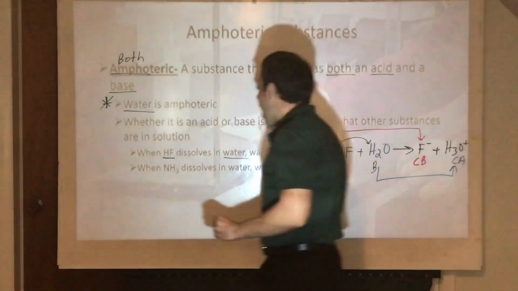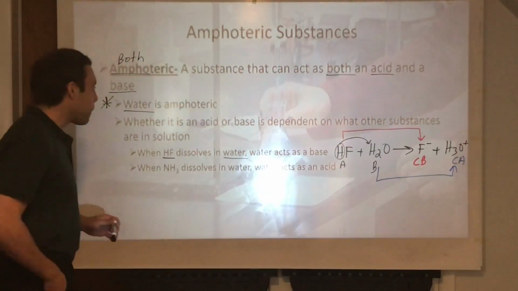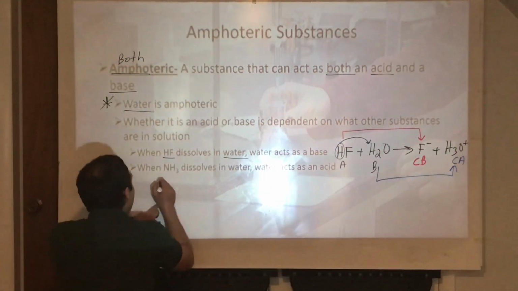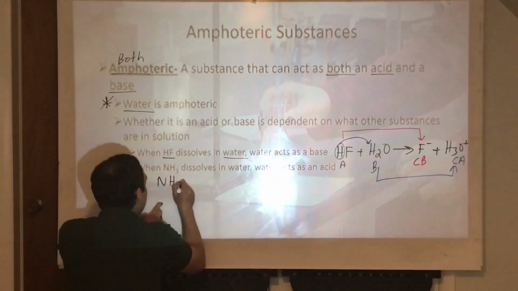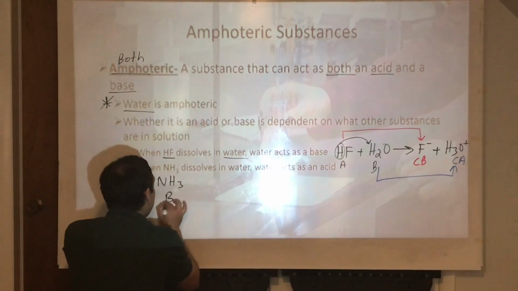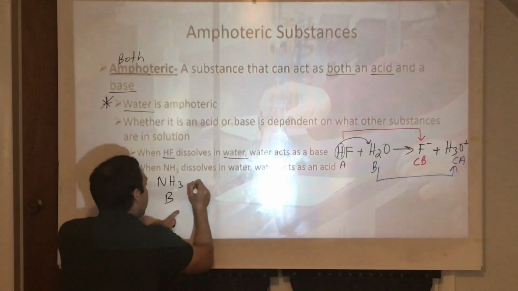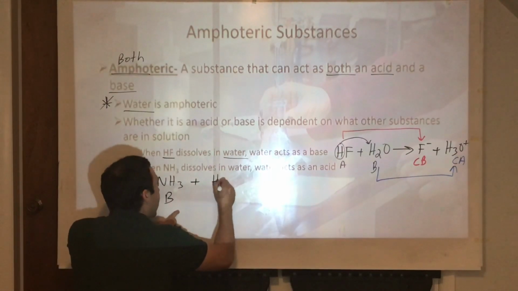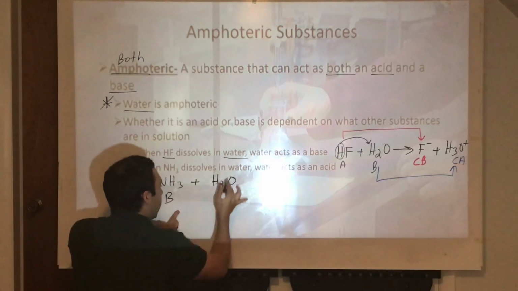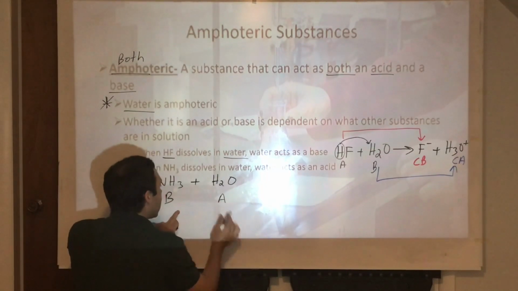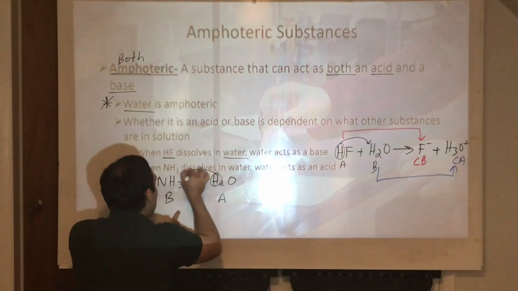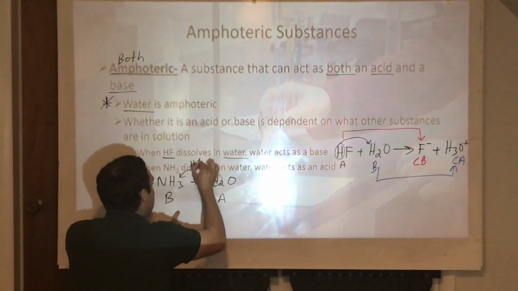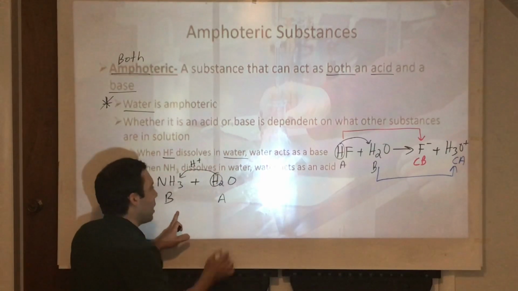However, when water is with NH3, which is a base, it's ammonia on table L of your chemistry reference tables, plus H2O, H2O is going to act like an acid because the H2O is going to donate an H plus to the NH3.